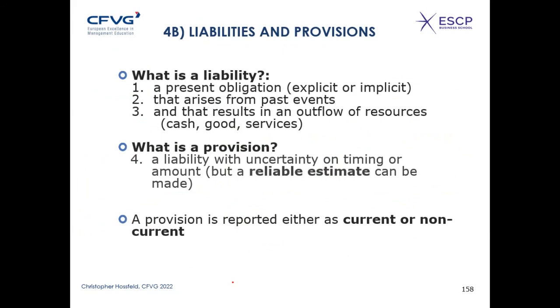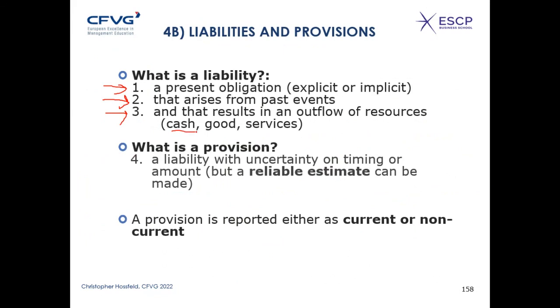In order to account for a provision, 4 criteria have to be met. I need a present obligation. The obligation has to be based on past events, not future events. The obligation will result in an outflow of resources.